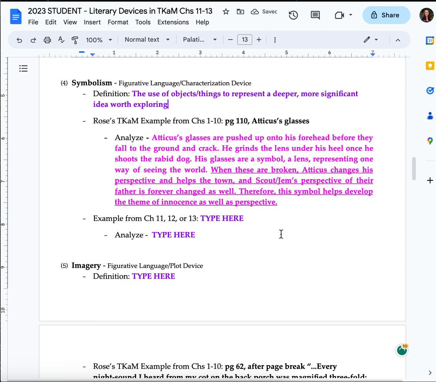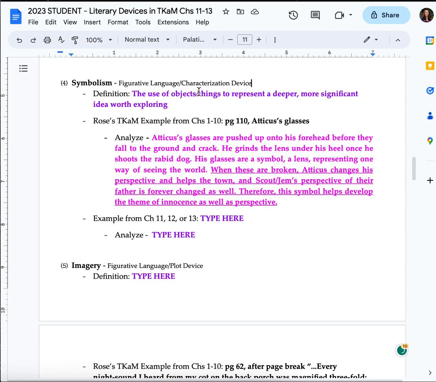Give you a moment to pause. Okay, so symbolism, which is both a figurative language device, so creating art in literature, but also especially deeply character driven and helps develop characters in particular, though it really can also be a plot device. But I find that these are the two that generally come up easily.